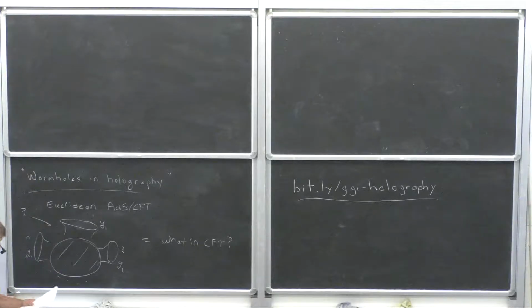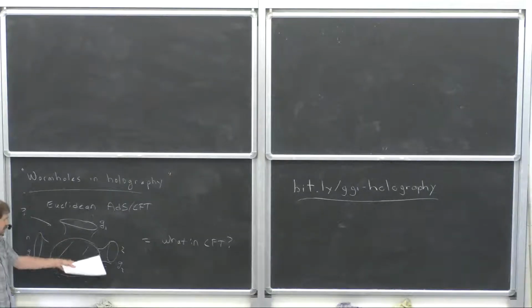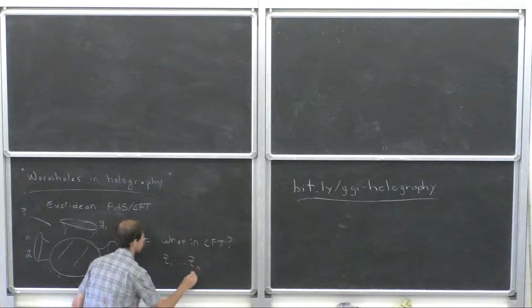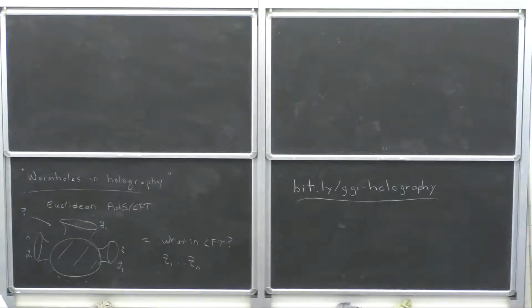This picture generalizes. So a natural guess is, well, what is this in CFT? You would hope that this is the partition function of the dual CFT on this space times the partition function on this space, etc. On the grounds that the boundary of these spacetimes is a boundary with many disjoint components.